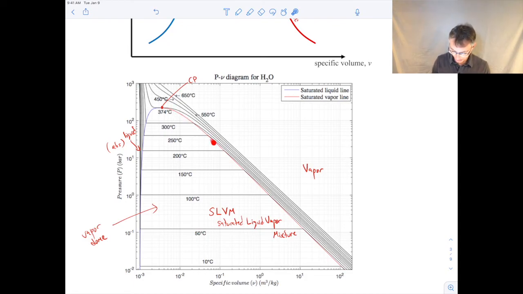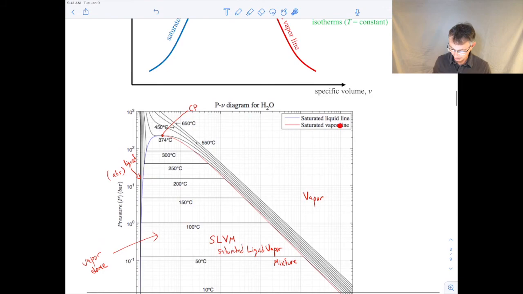And then the red line is the boundary when you're almost at the liquid vapor mixture and vapor, but it's 100% vapor. By vapor I mean it's like steam, right? For water it would be steam. That's water vapor. So it's right at the boundary between being a mixture of liquid and vapor, but it's 100% vapor, so we call it saturated vapor.